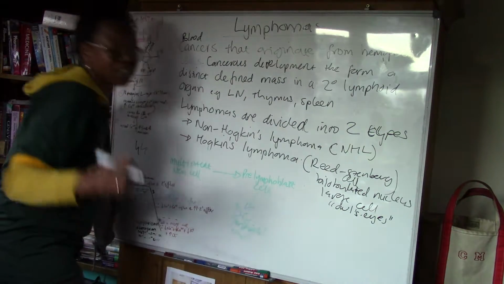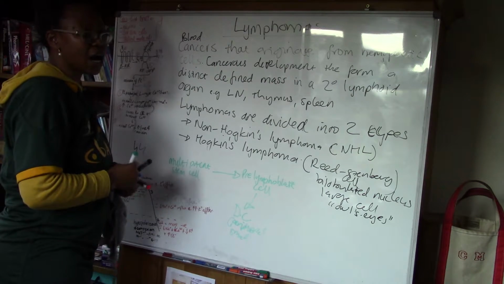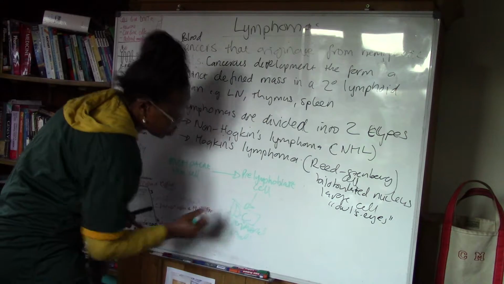All peripheral cells are small, and they are well differentiated cells that have a specific job to do.